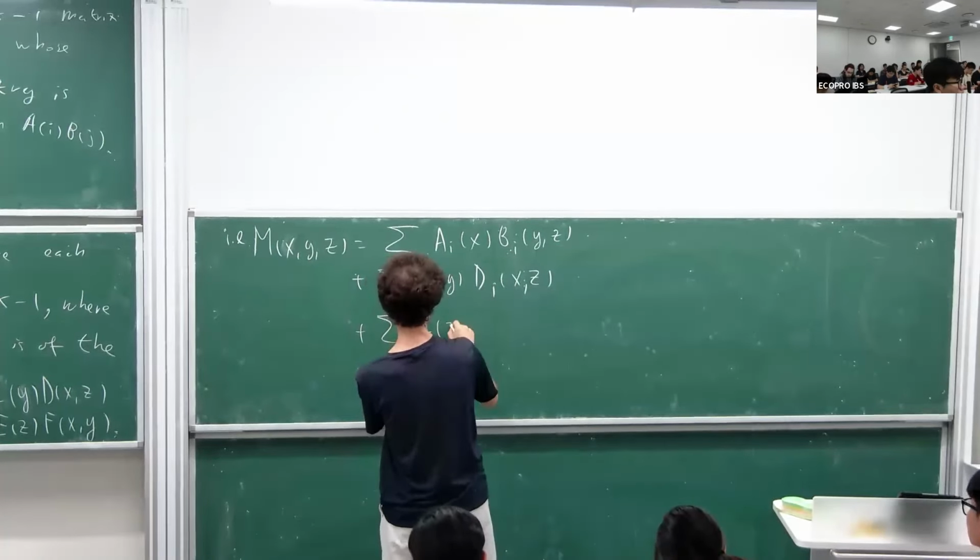Well, we may assume that say this is non-zero, otherwise we just rename the variables. So we're looking at the A's, and there's at least one term here.